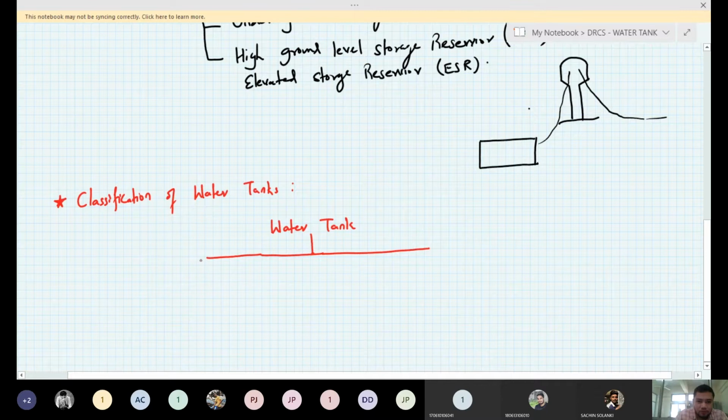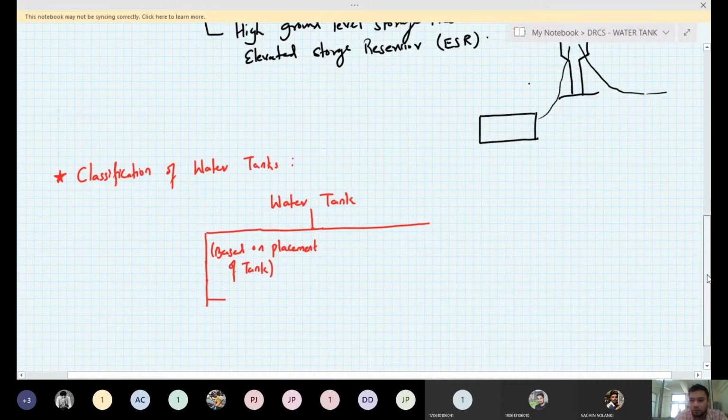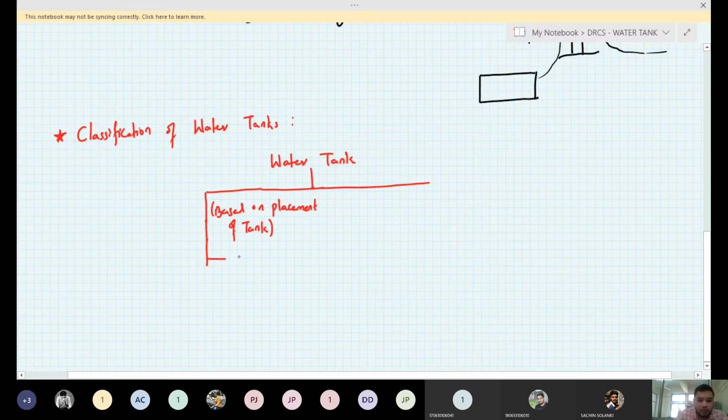So, based on the placement of the tank, we can have tanks resting on ground, which are usually called GSR. Here we are talking about the large storage tanks, so they are called ground storage reservoir.